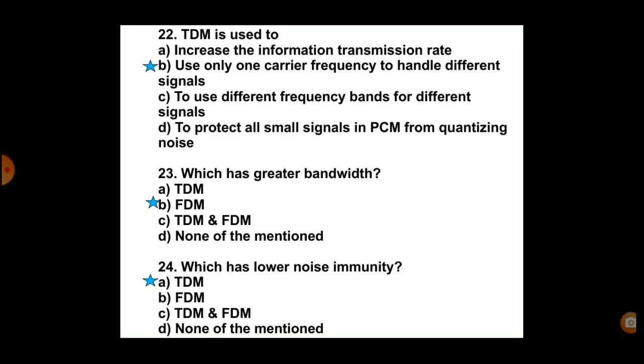Which has greater bandwidth? Options are TDM, FDM, TDM and FDM, none of the mentioned. Correct answer is FDM. Which has lower noise immunity? Options are TDM, FDM, TDM and FDM, none of the mentioned. Correct answer is TDM.